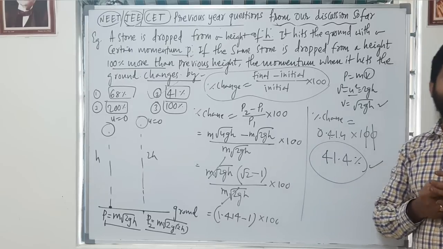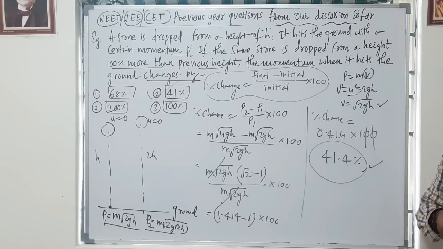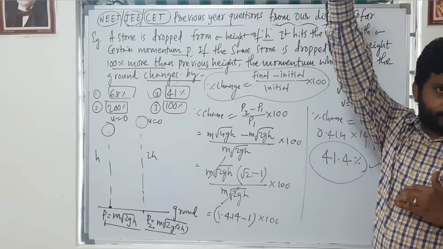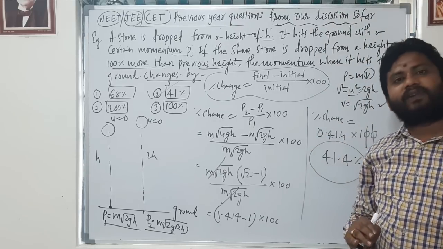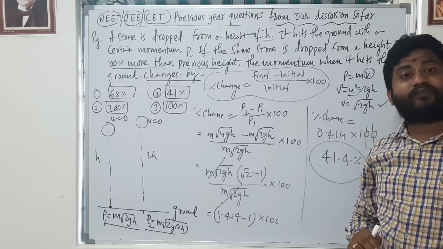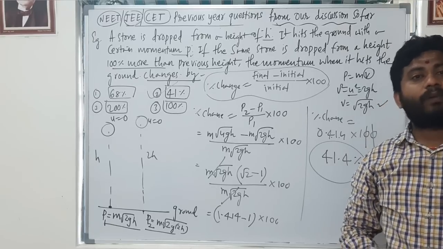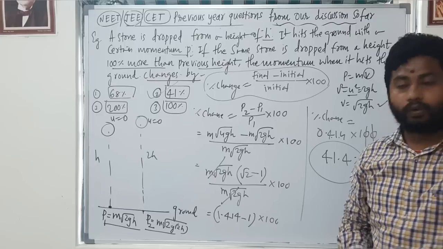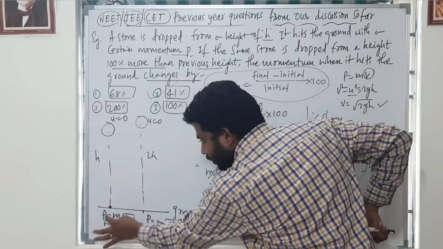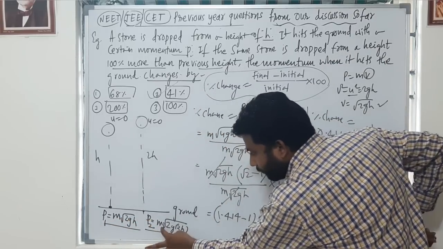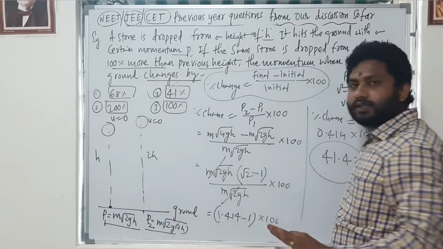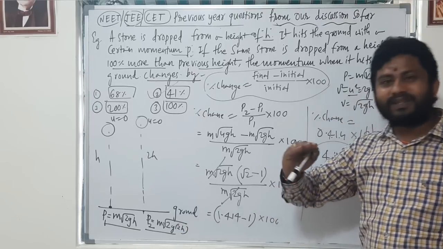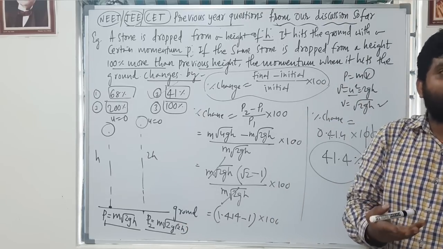So the concept here is two things, simple. When the height is increased, definitely linear momentum will increase. At the point of hitting the ground, the linear momentum transferred by the ball to the ground will also increase. How? Linear momentum is increasing: m into root 2gh. Clear? Here, linear momentum is increased. How much is it increased?